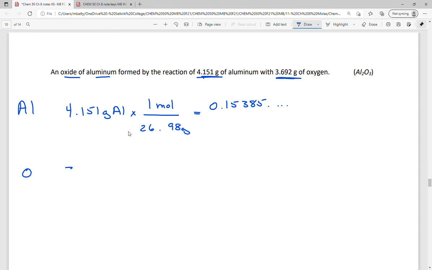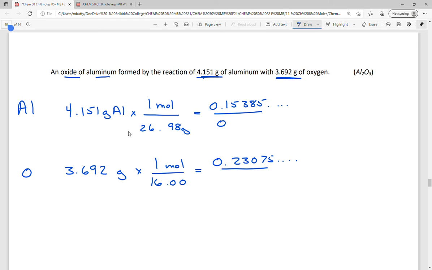So oxygen, it tells me that the amount of oxygen by mass is 3.692 grams. To get the number of moles, I've used the molar mass of oxygen. So this tells me that that's 0.23075. Always with these ones, to figure out the whole number ratio, you're going to divide by the smallest number.